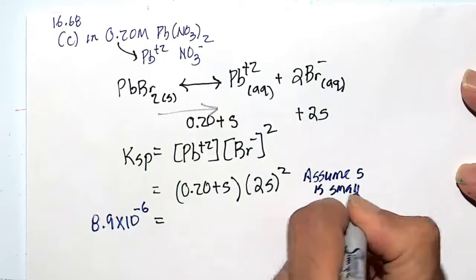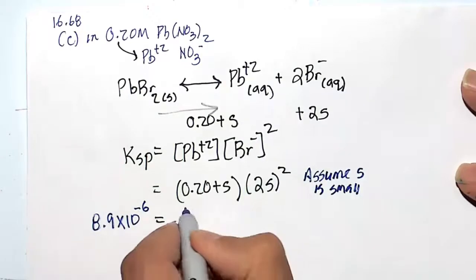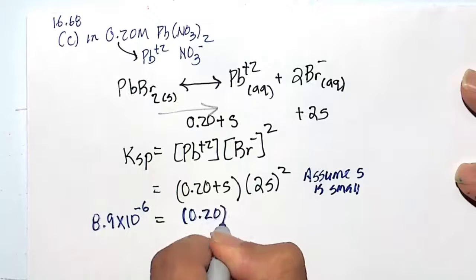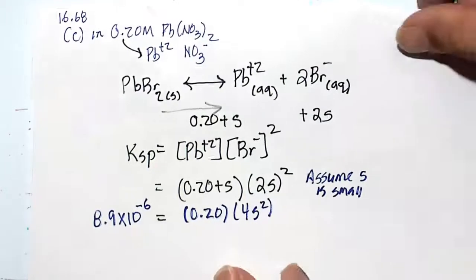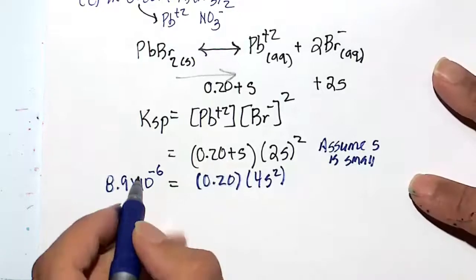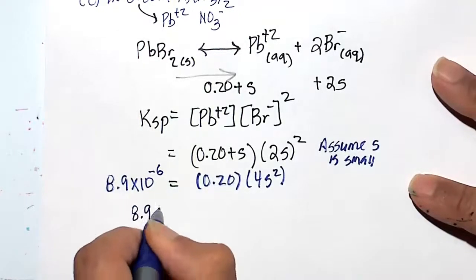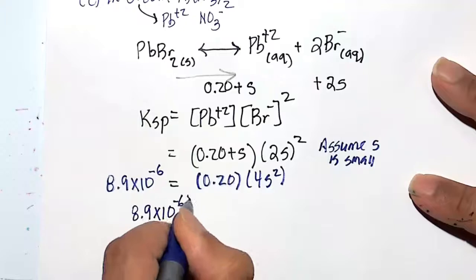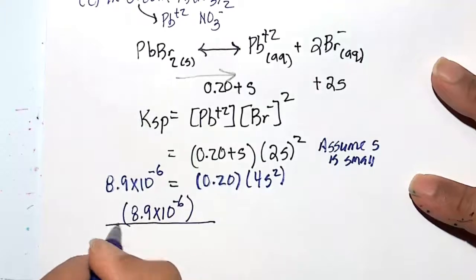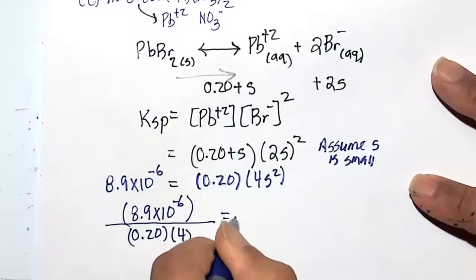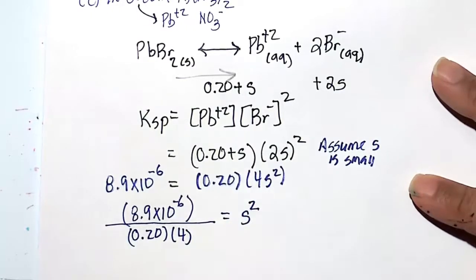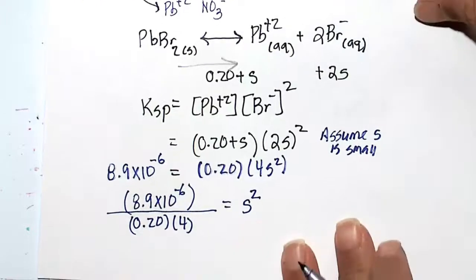So 0.20 will be our lead concentration, and 4S squared is going to be the S that we will need to solve for. So isolating and solving for S, it's going to be 8.9 times 10 to the minus 6 divided by 0.2 times 4. We will square root that whole expression to get our final answer.